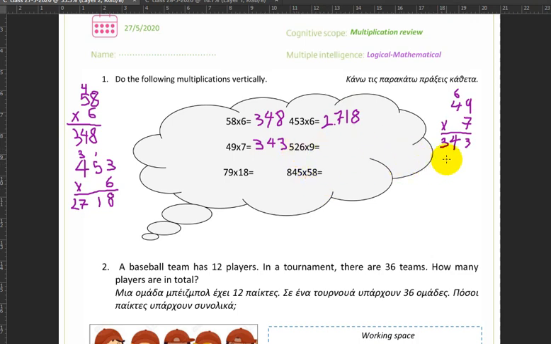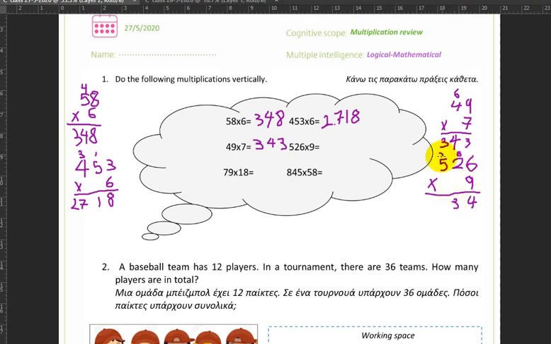Next we have 526 times 9. 9 times 6 makes 54, so I write 4 and carry 5. 9 times 2 makes 18, plus 5 makes 23.